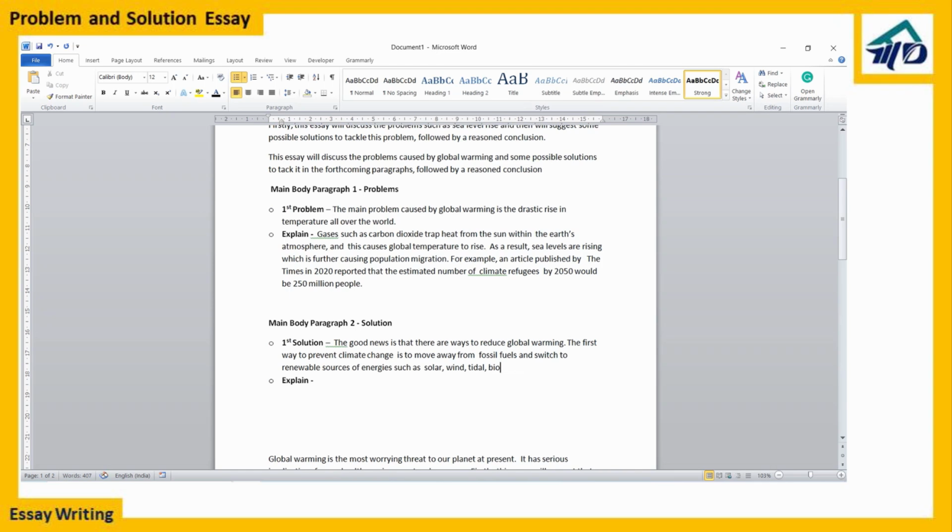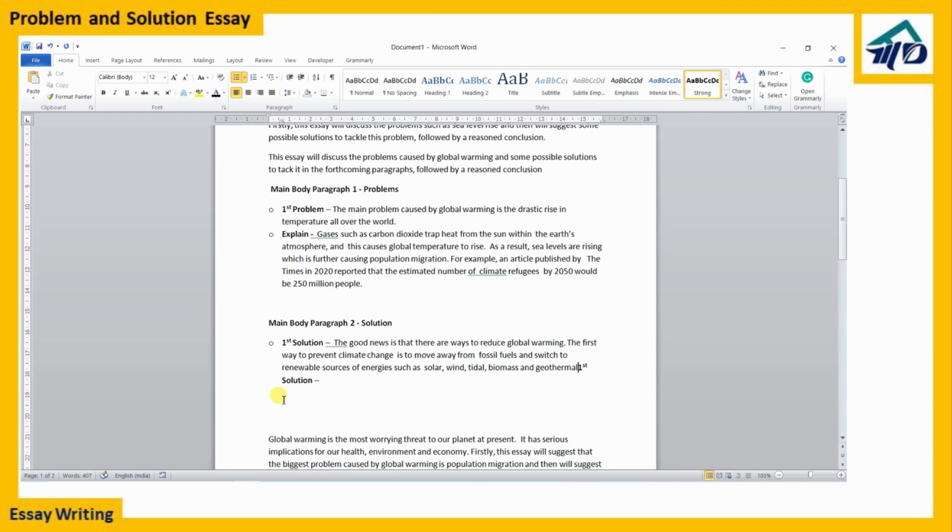It is biomass, not thermal, and it is geothermal. So I can write all these. That's all. In the first itself, I mentioned everything you can do. So instead of writing an explanation, I will directly write my second solution. I do not need to explain it again. This is a self-explanatory sentence.